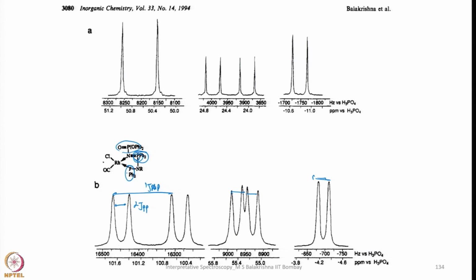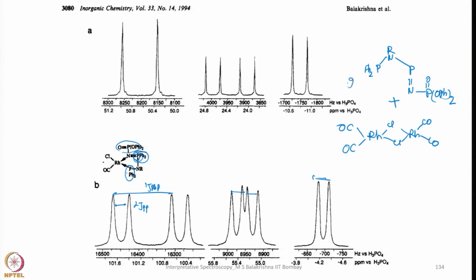For example, this ligand is taken when it's treated with half an equivalent of rhodium chlorocarbonyl dimer. Okay, so this is taken and then this is reacted with, okay, so this is 2 equivalents we have taken, and then it gives the compound shown here.